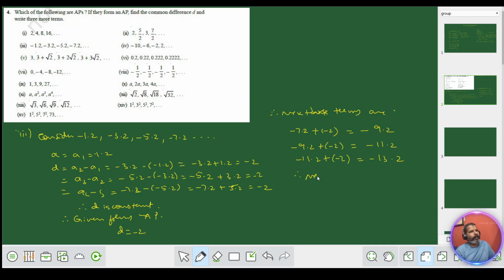Therefore, next three terms are minus 9 by 2, minus 11 by 2, minus 13 by 2. Okay, we'll move to the next question.